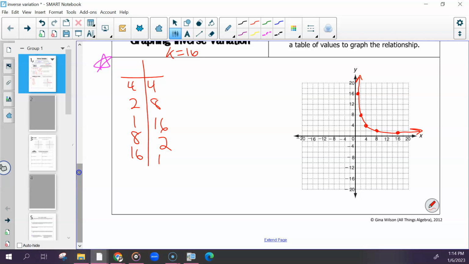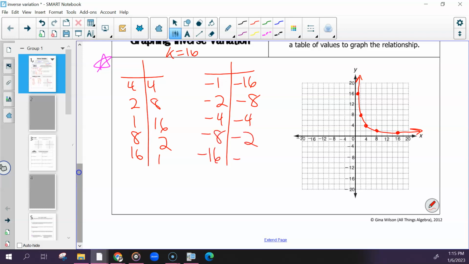When we were naming numbers that multiply to be 16, we were only focused on the positives, but negative times a negative also will give us a positive, so we're going to make these negative also. So negative 1 and negative 16, negative 2 and negative 8, negative 4, negative 4, negative 8, negative 2, and negative 16, negative 1.